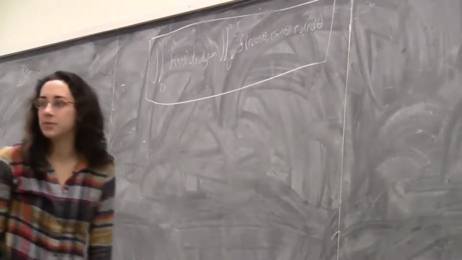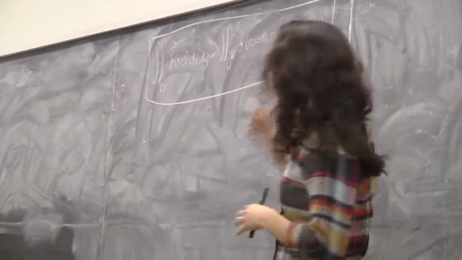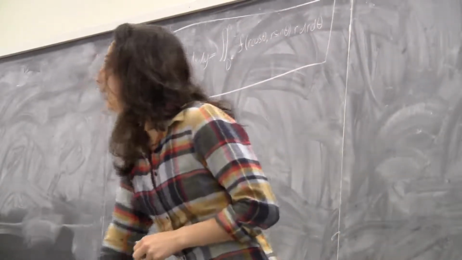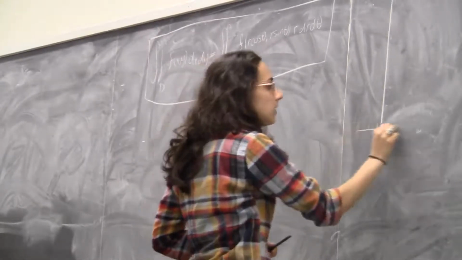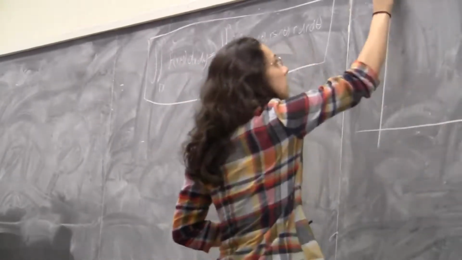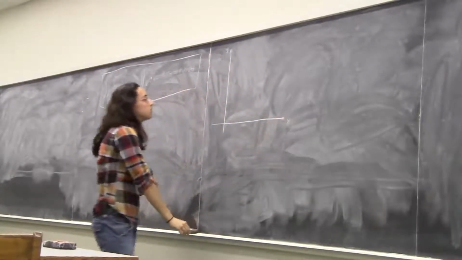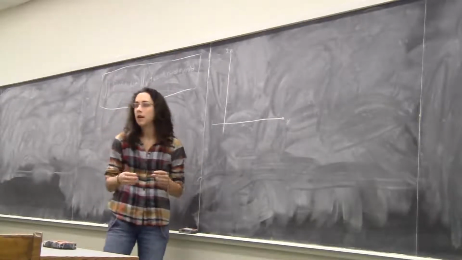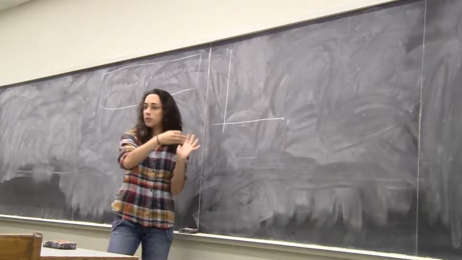So today I just want to do an example to use this formula for change of variables into polar coordinates. So we're going to take a look at a region first, and then we're going to look at an integral over this region. So in Cartesian coordinates, this region is going to be given by the area in between two concentric quarter circles.